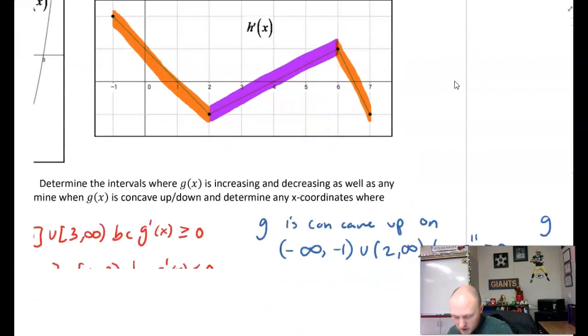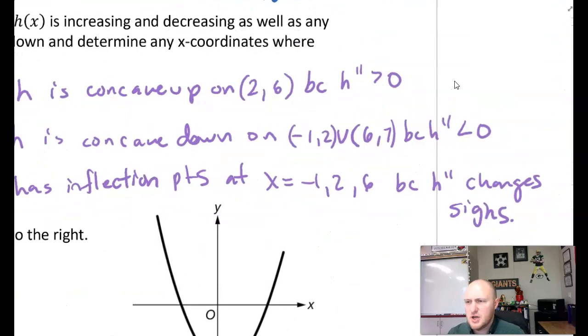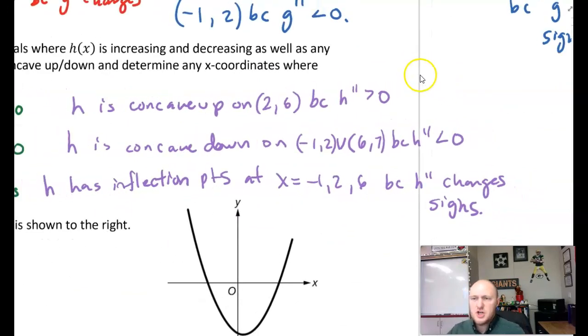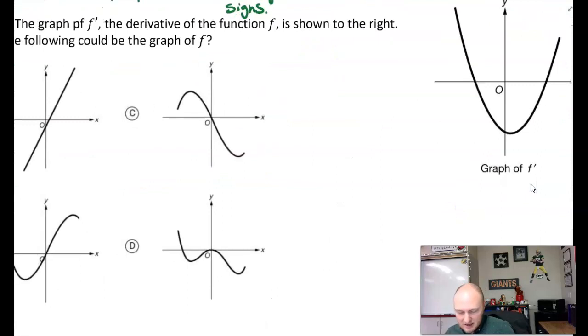So from -1 to 2, union 6 to 7, because h double prime is less than 0. Whenever we change from concave up to concave down, that's an inflection point. So h has inflection points at x equals -1 to 6, because h double prime changes signs. All right, so those are some function analysis.